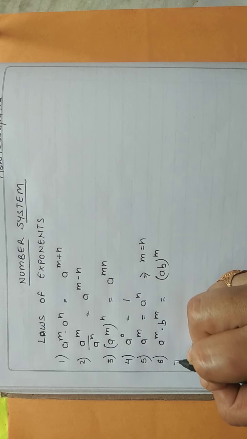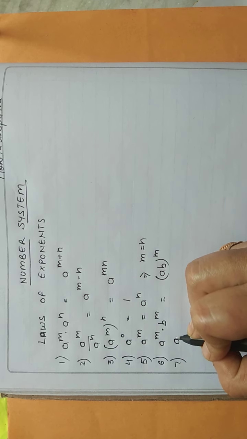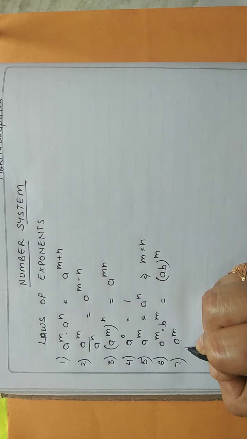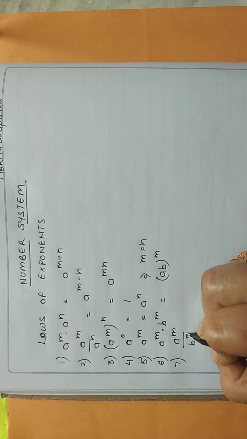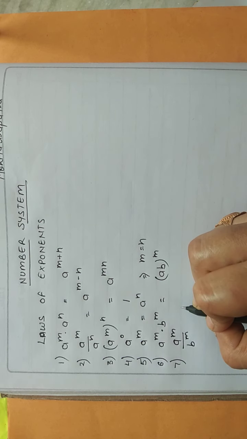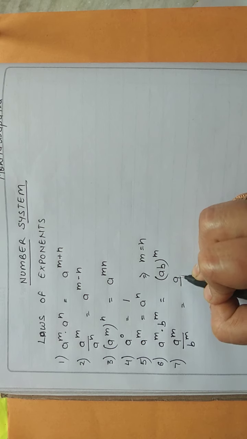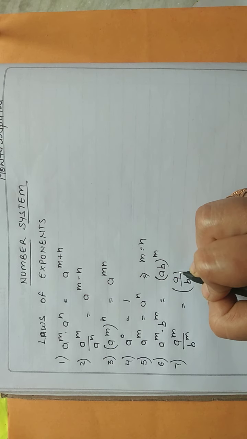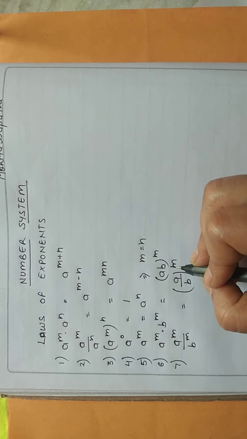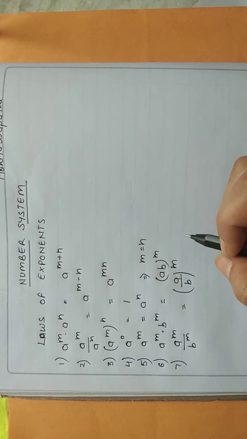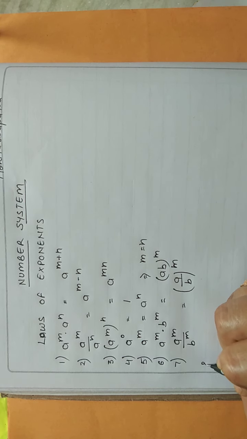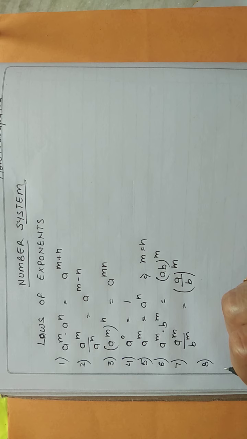The same with division also: we have a to the power m and b to the power m. In that case also the bases get divided and the power is common. Okay, and the last rule, that is the rule of inverse.